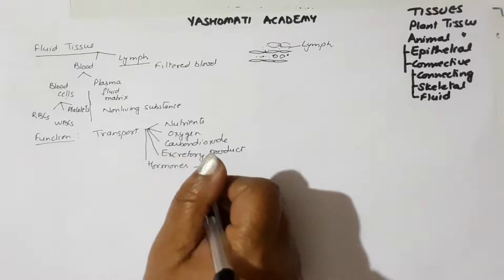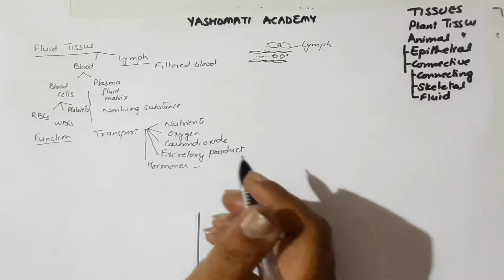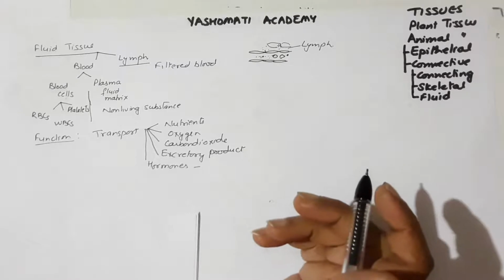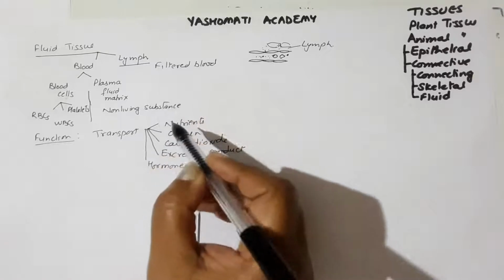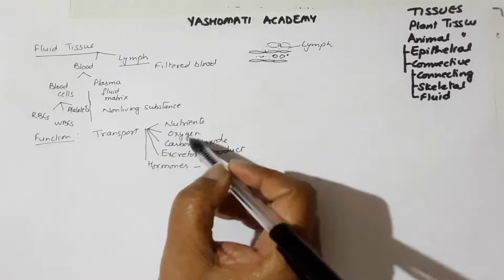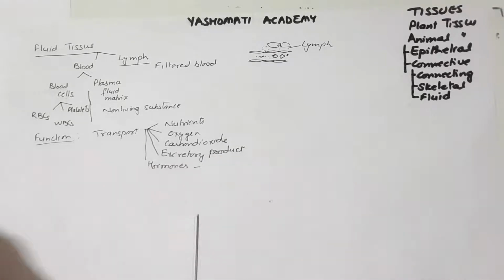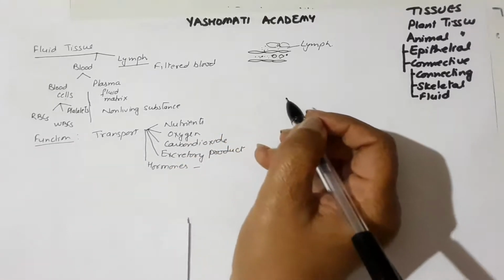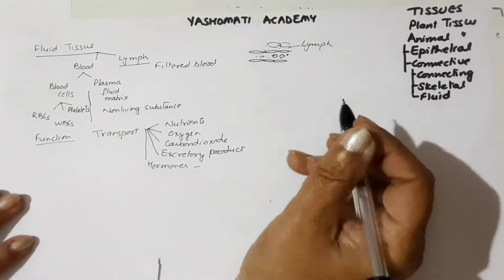That is also through blood, because hormones are poured into the blood, and with the blood they are taken from one place to another. So blood as well as lymph, both of them help in carrying out the very important function of transport of materials from one place to another in the animal body. Let us try to understand some more differences in blood and lymph.